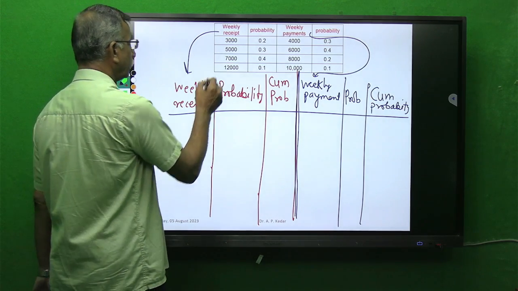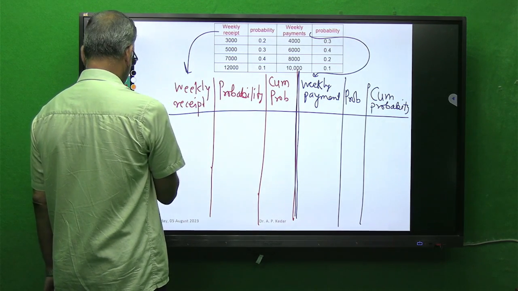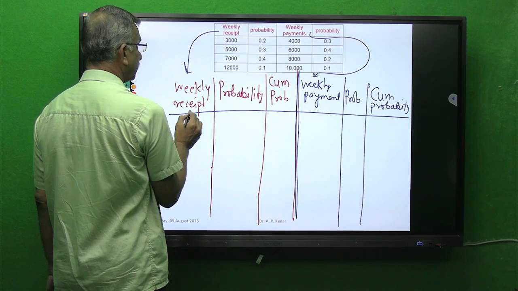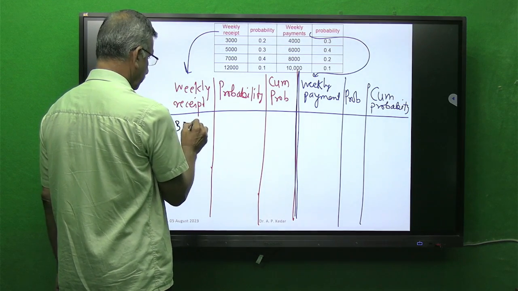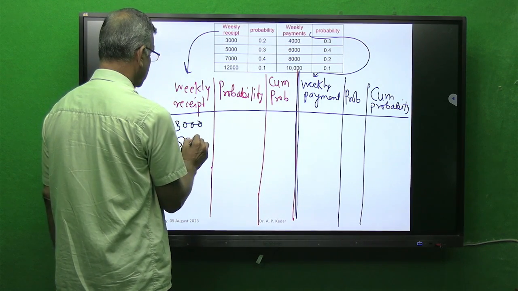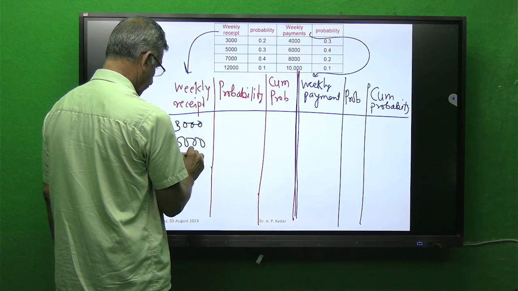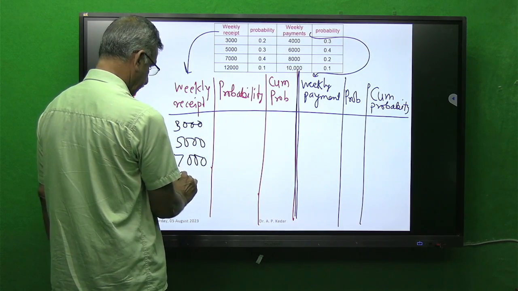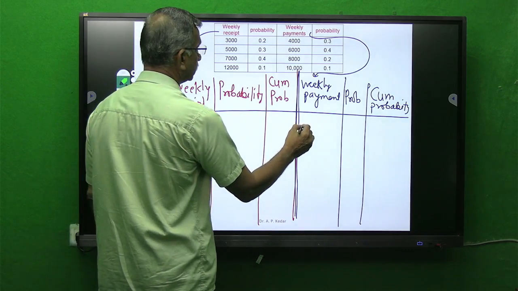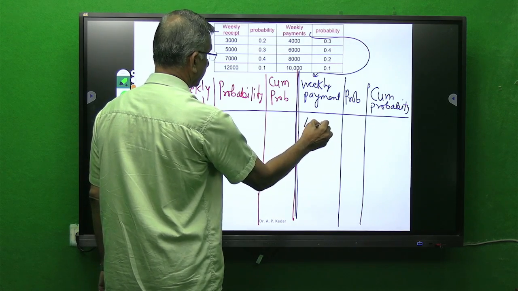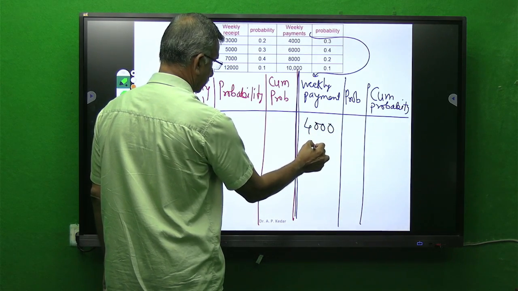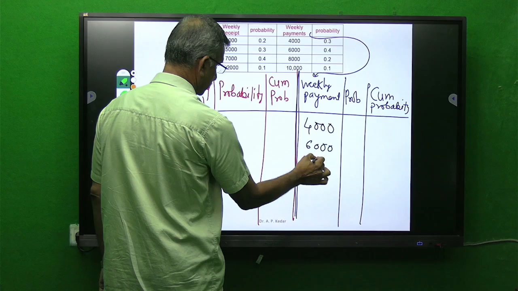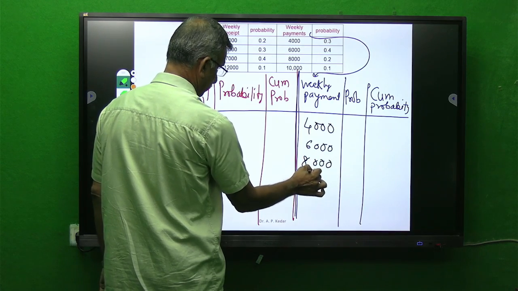So now if you go for these values as given here: 3,000, 5,000, 7,000, 12,000; here it is 4,000, 6,000, 8,000 and 10,000.